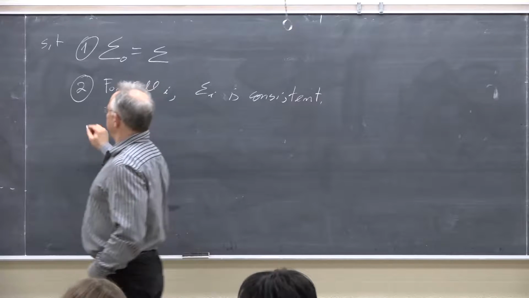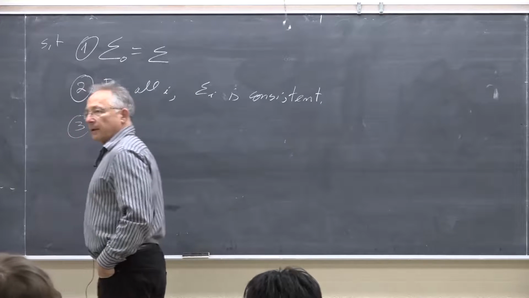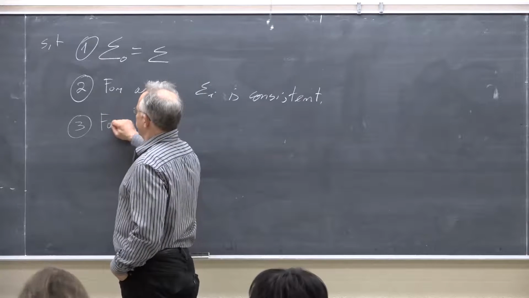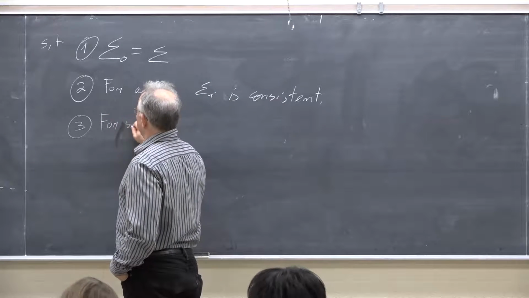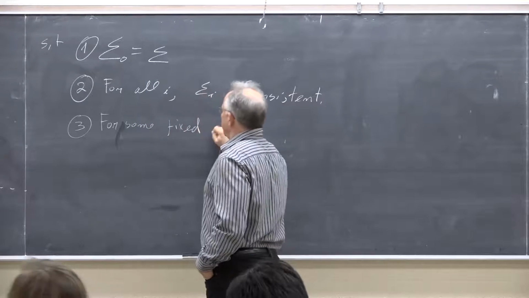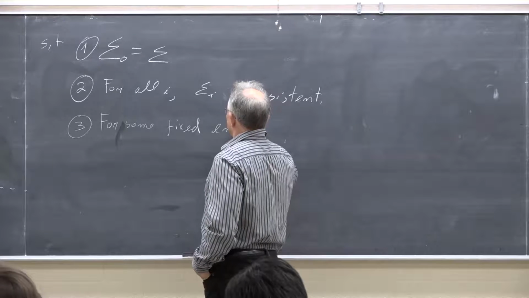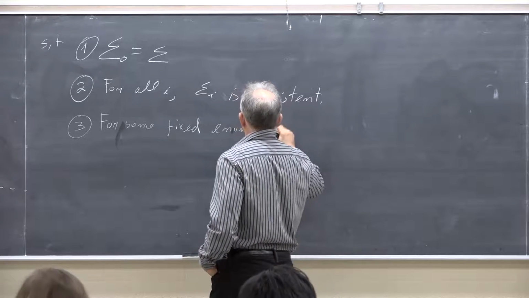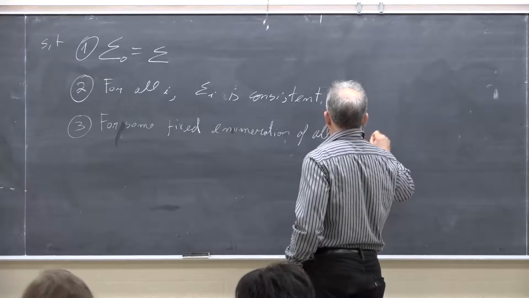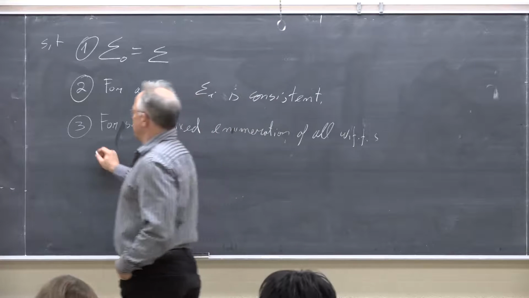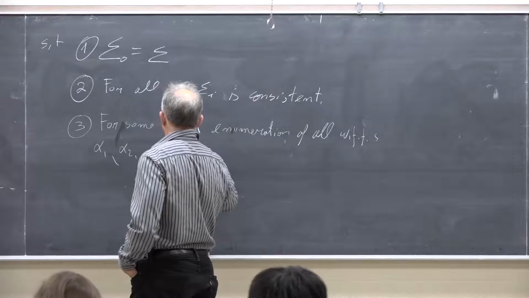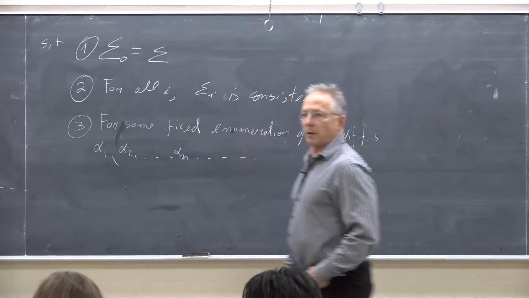And the third requirement is really the crucial one, and it says that for some fixed enumeration of all WFFs, so I have an enumeration alpha 1, alpha 2, alpha n, that enumerates all WFFs.